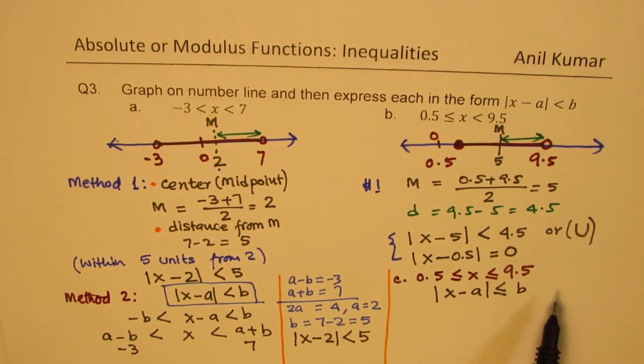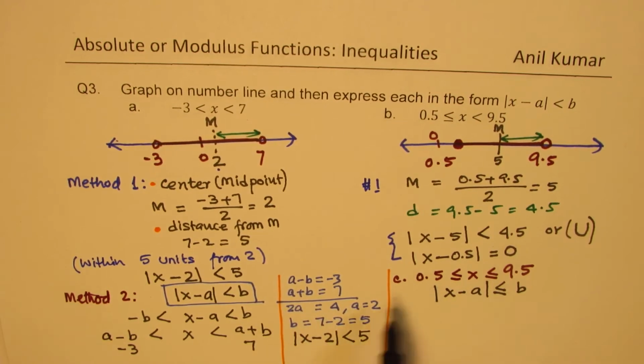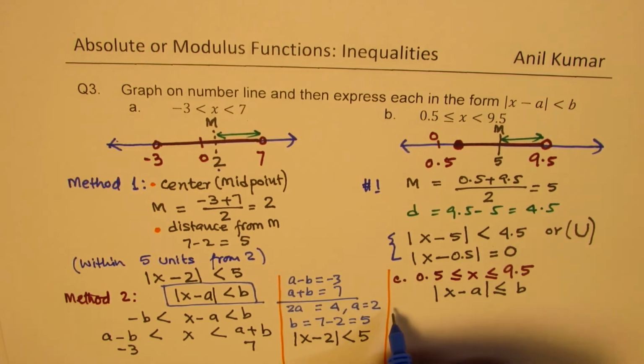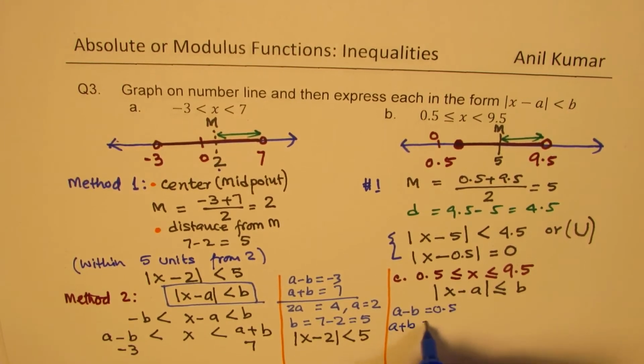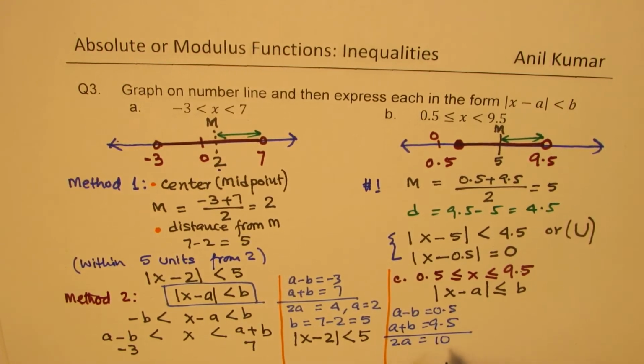You could again do the same thing, which will involve that a minus b is the lower bound, which is 0.5, and a plus b is the upper bound, which is 9.5. And when you add them up, you get 2a equals 10, and that gives you a equal to 5. Do you see?